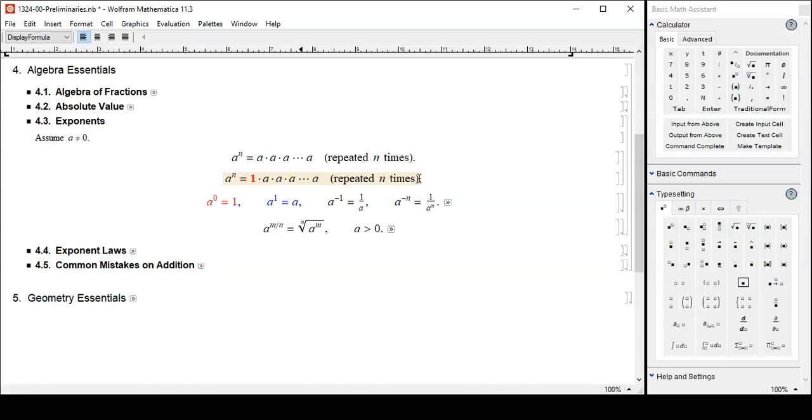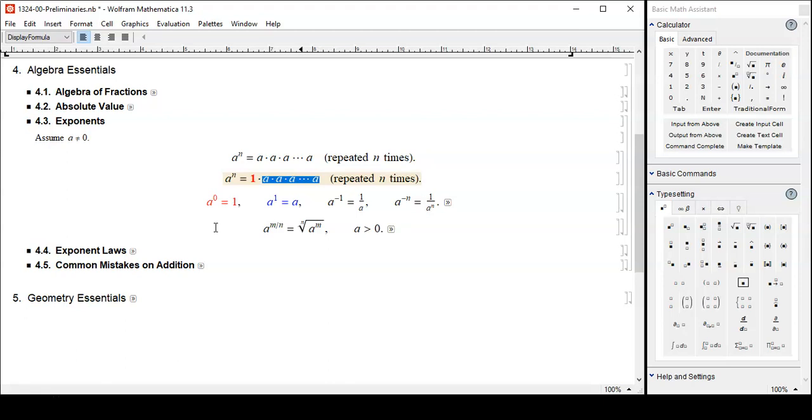Now, what if I repeat multiplication 0 times, or not at all? Then we must stay at the starting point 1. If I do not multiply anything at all, then we stay at 1, because the starting point is always 1. So a to the 0 power is 1.